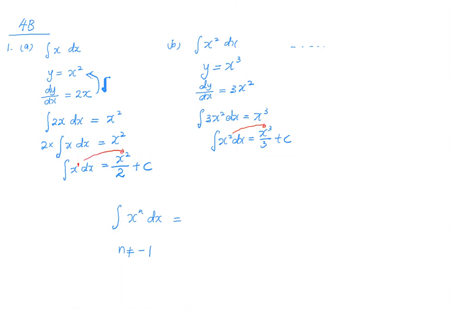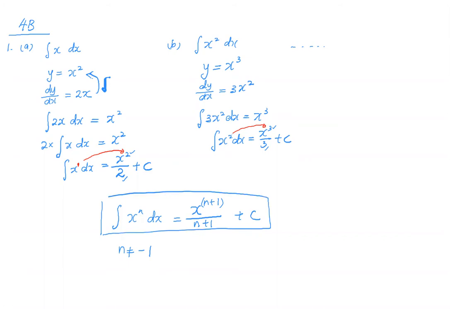So what should I do to the power? Plus 1, yes, n plus 1. And if up here is 3, here will be 3. If up here is 2, here will be 2. So I have to divide by n plus 1. This is the first simple formula that you have to remember. The constraint is n cannot be -1.